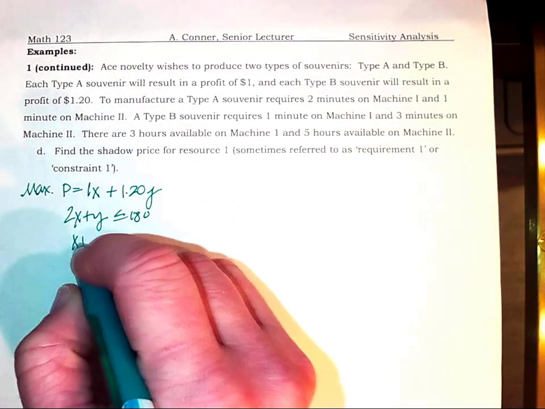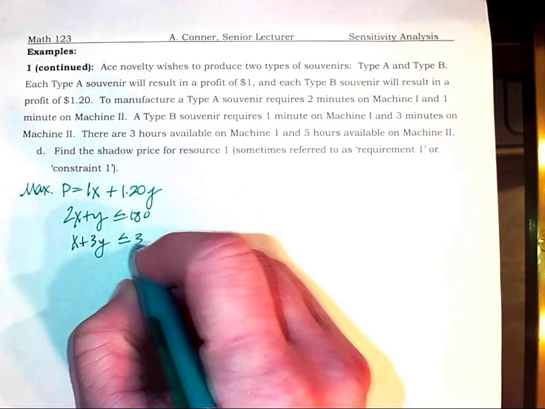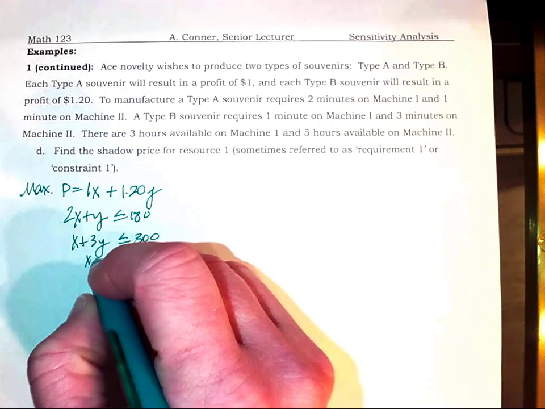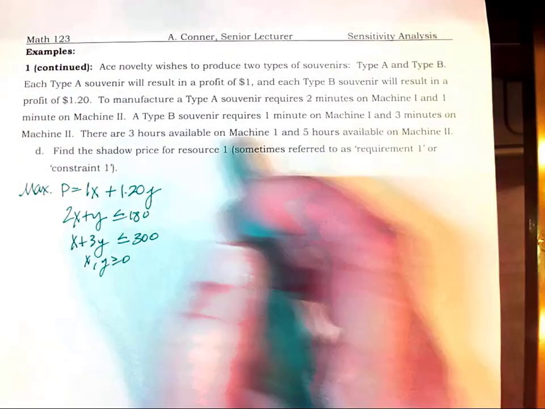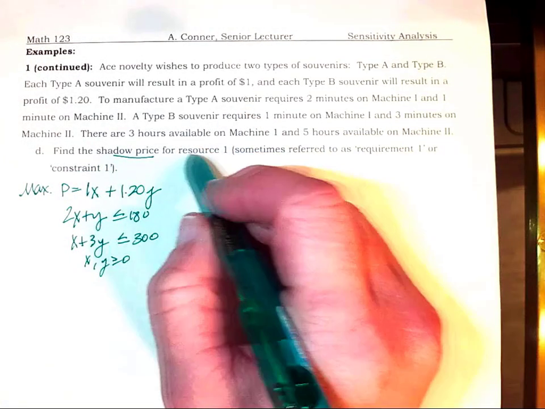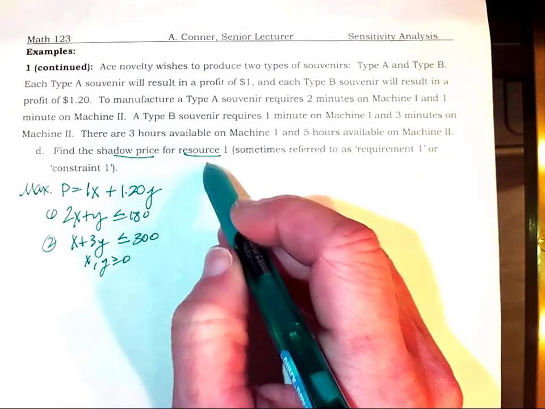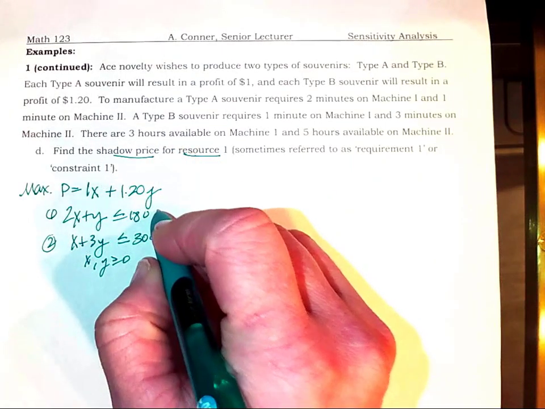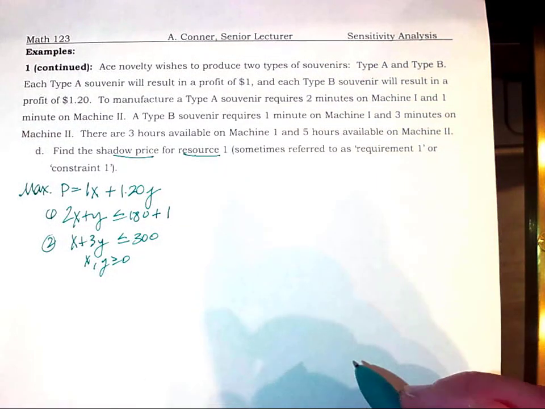And x plus 3y less than or equal to 300. And the non-negative constraints, x and y greater than or equal to 0. So when we do the shadow pricing, what I mean by that for resource 1, so this is constraint number 1, this is constraint number 2. So resource 1, constraint 1, we're just increasing it by literally 1. And we're going to see what happens to the system.